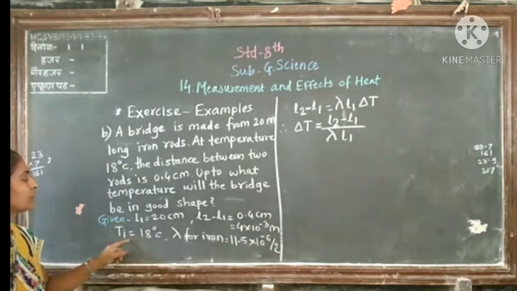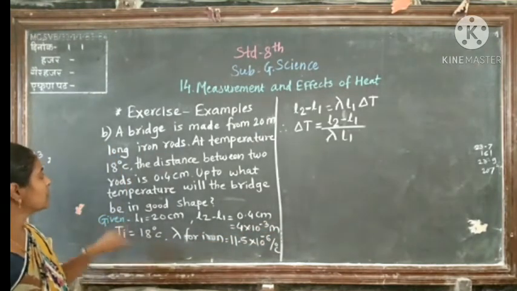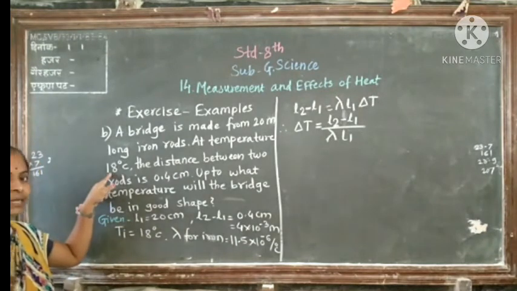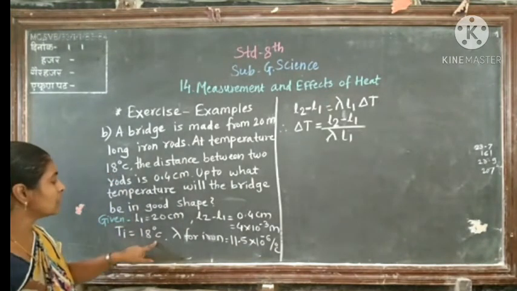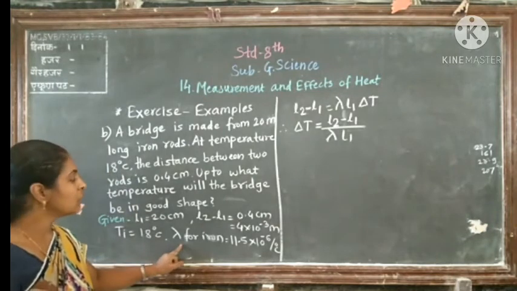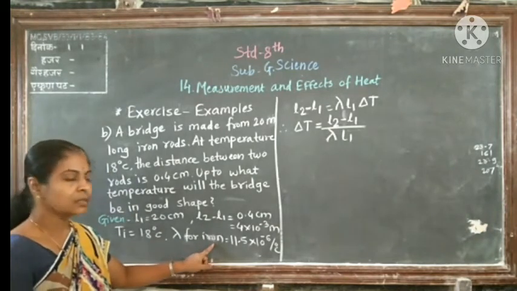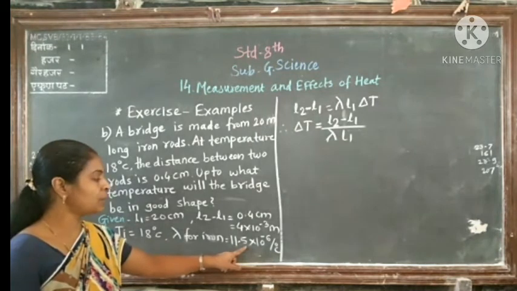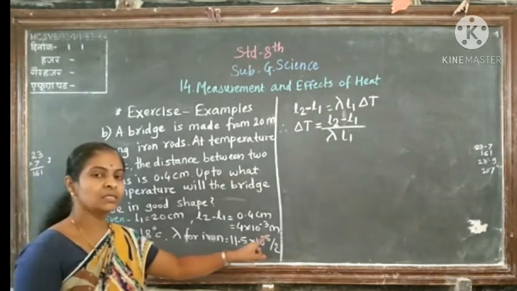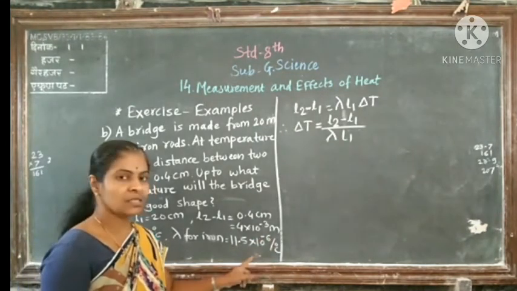Now here see the initial temperature that is also given, that is 18 degree Celsius, and the lambda for iron that is 11.5 into 10 raised to minus 6 per degree Celsius.